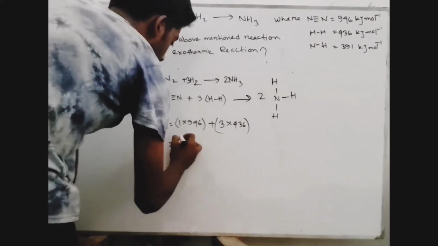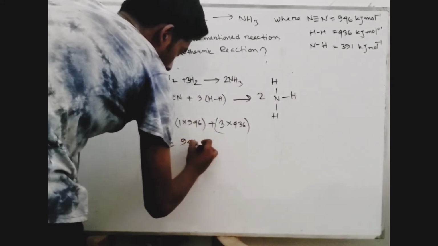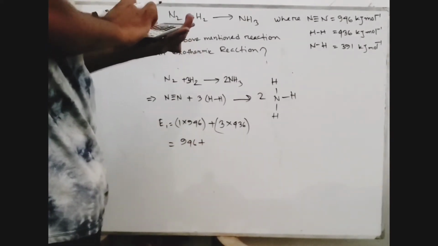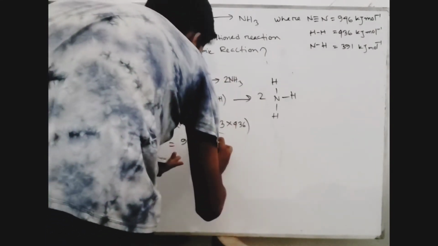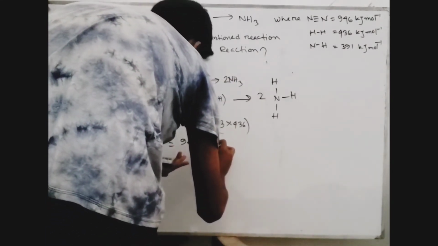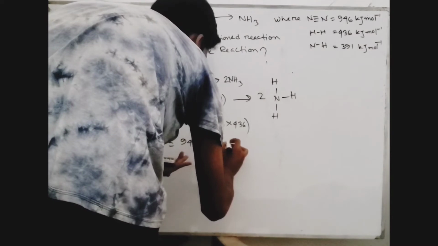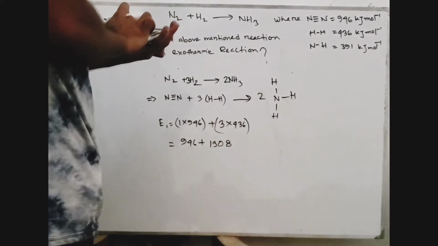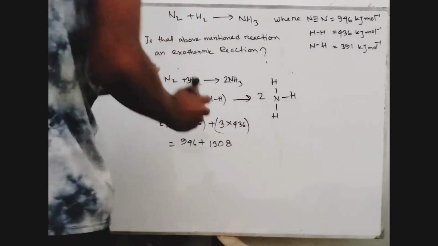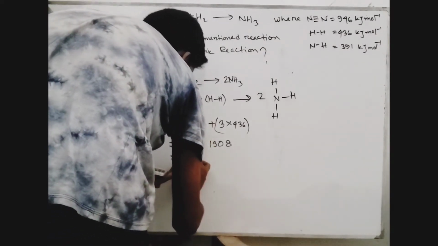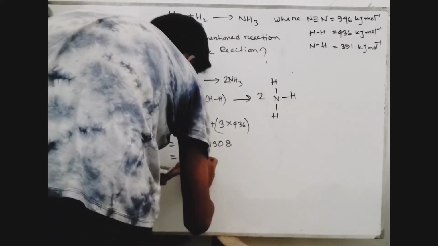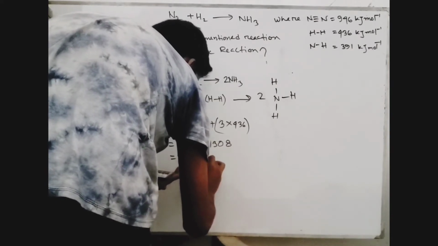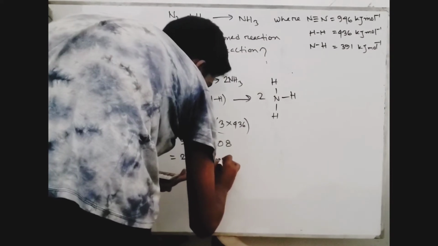So 946 plus 3 into 436. If we add them, then we will get 2254 kilojoule per mole.